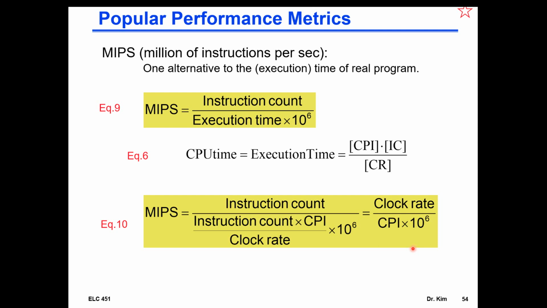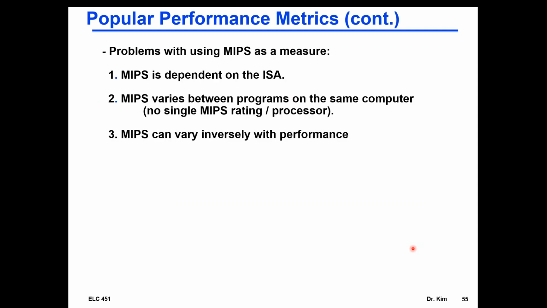It just says that you can execute many instructions, but it doesn't relate it to the actual work and the efficiency of the instruction set. Okay? So again, the problem more specifically is depending on the ISA.